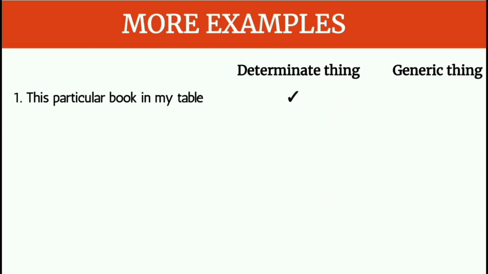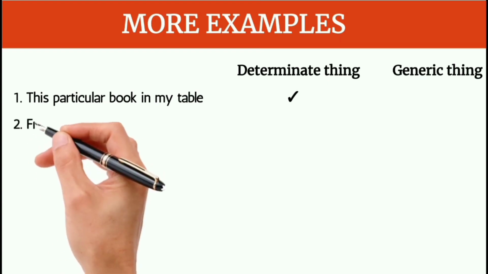Kasi wala akong ibang tinutukoy na particular book, kundi yung particular book na nasa table ko. Ang tinuturo ko dito na book ay yung book na nasa table ko. Wala akong ibang tinutukoy na libro. That's why this particular book in my table is a determinate thing.